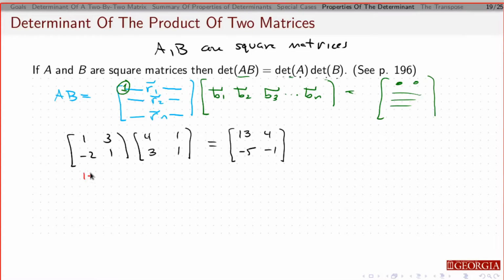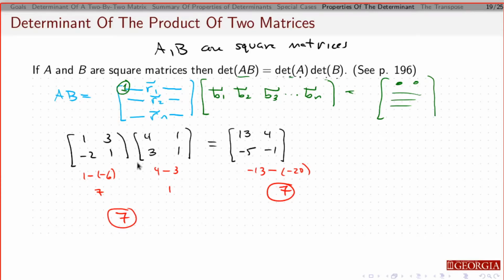This is going to be 1 minus a minus 6, so that's going to be 7. This is going to be 4 minus 3 is 1, so the determinant of that product is 7. If I come here, I'm going to have minus 13 minus a minus 20, which is 7. All right, so if I have these two matrices and I need to determine the determinant of their product, I don't have to go through and do that.